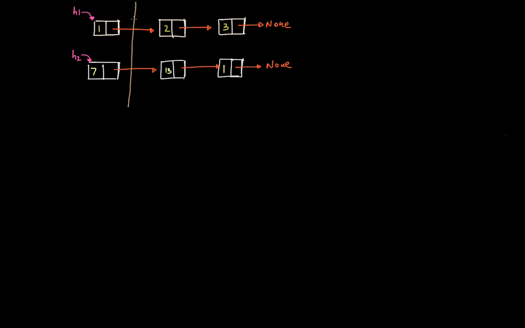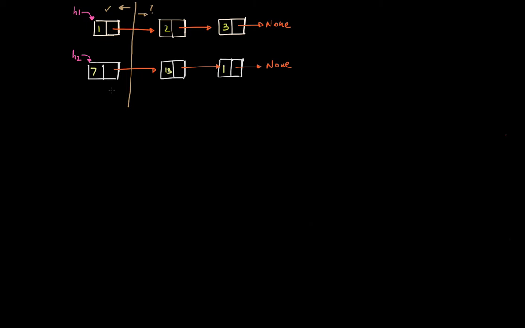Okay, so given this vertical brown line here, what I'm going to propose is that everything on the left of this brown line has already been merged. That's the assumption that I'm making: everything on the left-hand side of this brown line has been merged, and everything on the right is still remaining to be addressed.